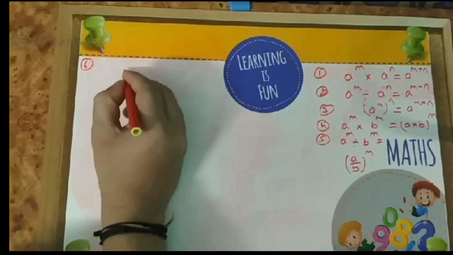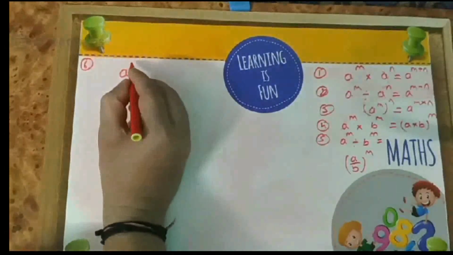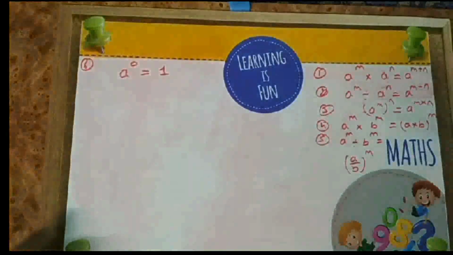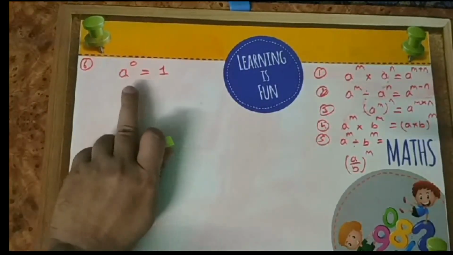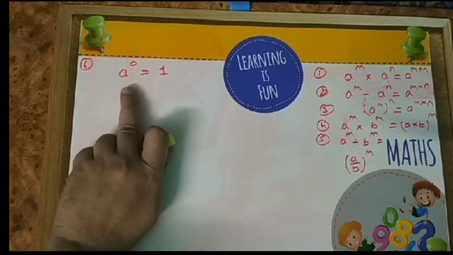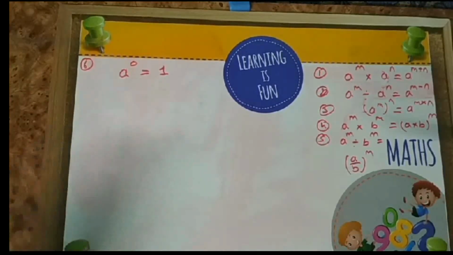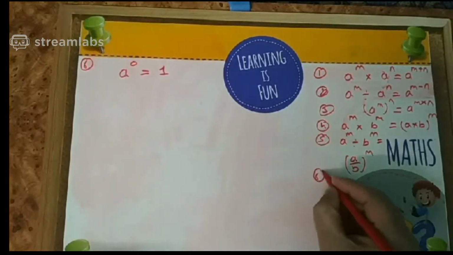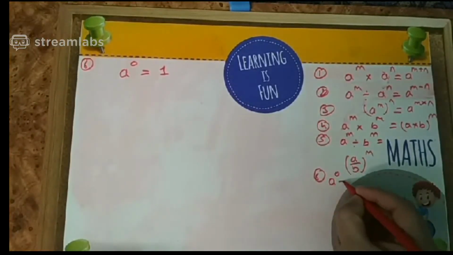For example, if I have a base and the base has power 0, my value will be 1, because the base has some value but it does not have any power, so my value will be 1, it will not be 0. So this is the sixth law. If the power is 0, then my value will be 1.